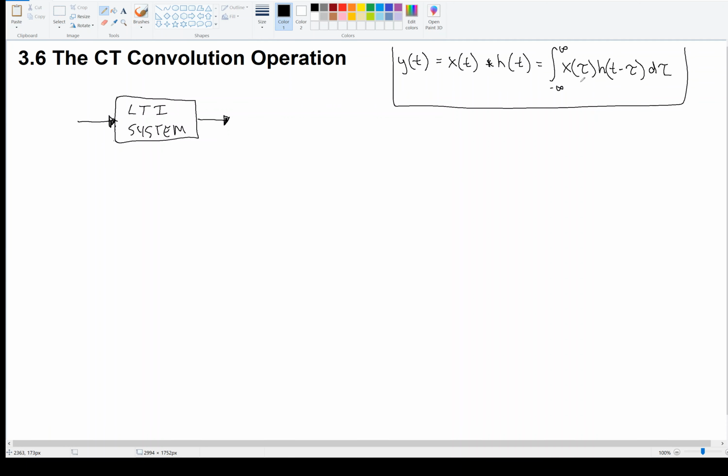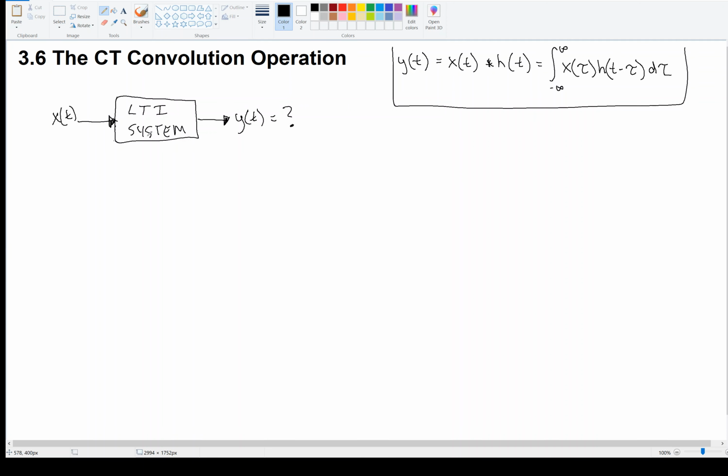But before we get to the mathematical details, let's understand the engineering. We're saying that if we have a linear time-invariant system and we put in a signal x, we want to know what we get out of the system. So I'm not going to do a circuit analysis. I'm not going to do vibrational analysis or mechanical analysis.